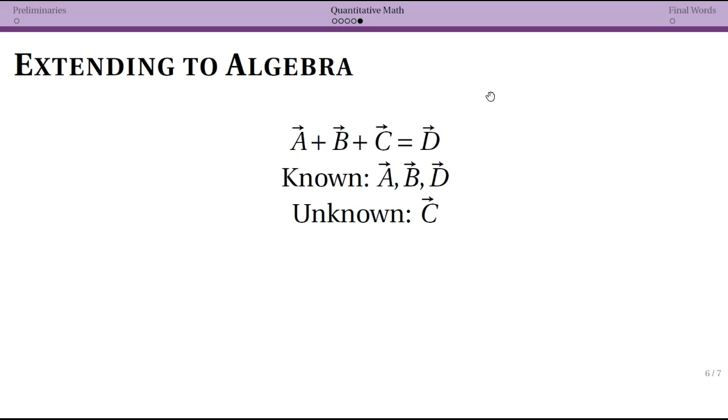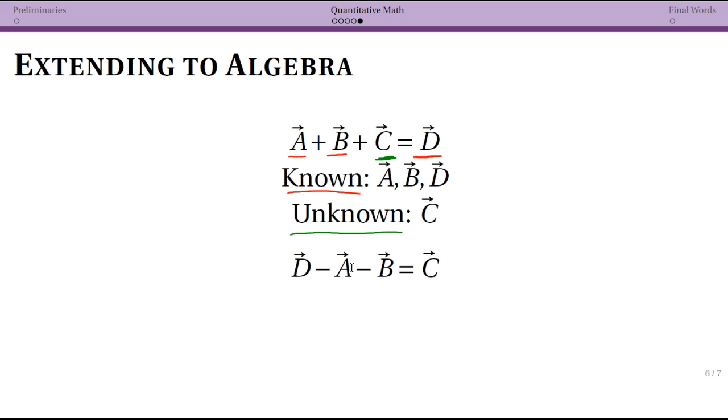And we know in this case 2 of the ones on the left and the one on the right by itself. So we're looking for one of the vectors on the left. The good news is that the way that you would rearrange this, if these were just simple numbers or simple scalars, still works. We can move a and b to the right side, leave c by itself, and so we're left with this.